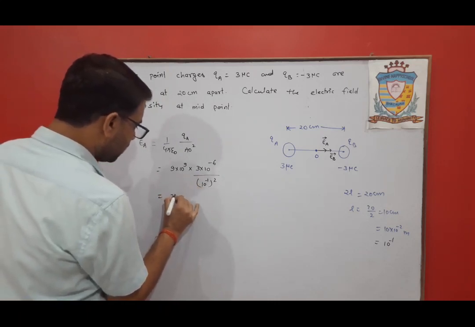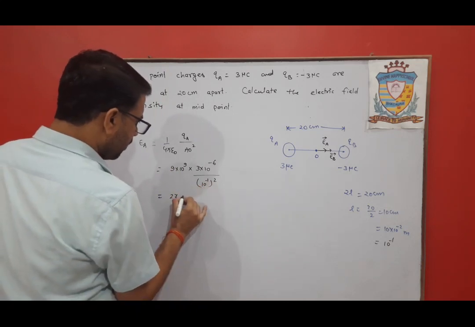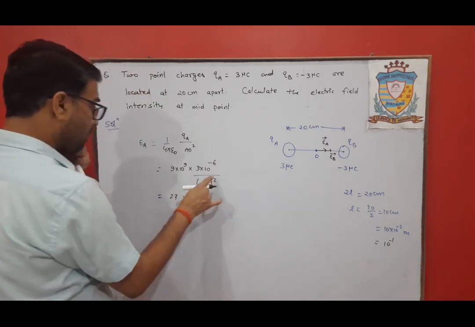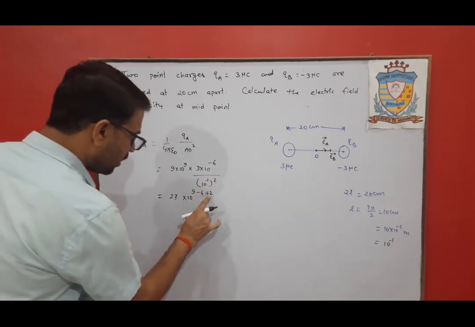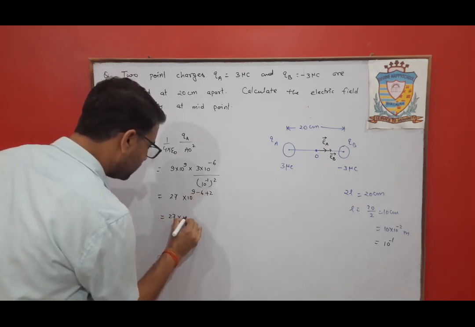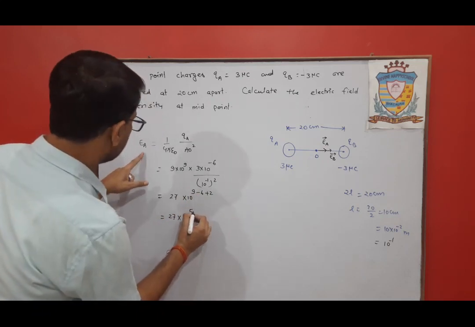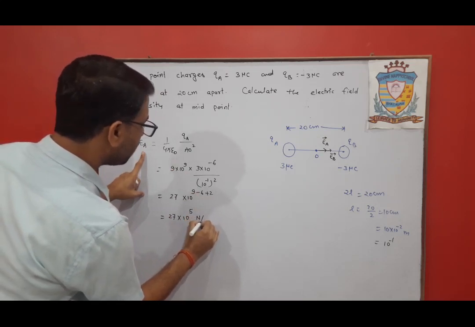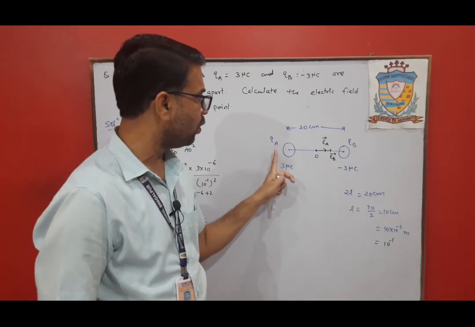So 9 times 3 is 27, and for the powers, 10 to the power 9 minus 6 and minus 2 will become plus 2. So 9 plus 2 is 11, minus 6 is 5, which gives 27 into 10 to the power plus 5 Newton per coulomb. So this is the electric field intensity at point O due to this charge.